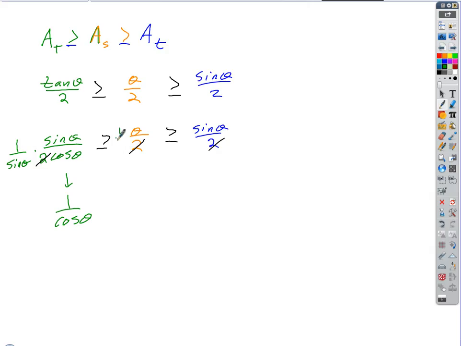I multiplied by 1 over sine theta. So that one's just going to become theta over sine theta, right? And this one is going to become 1, isn't it? Right?